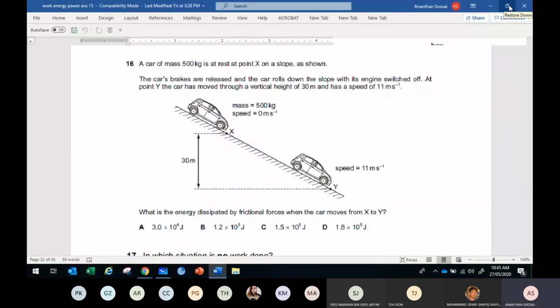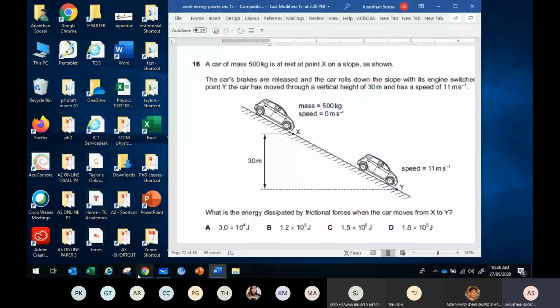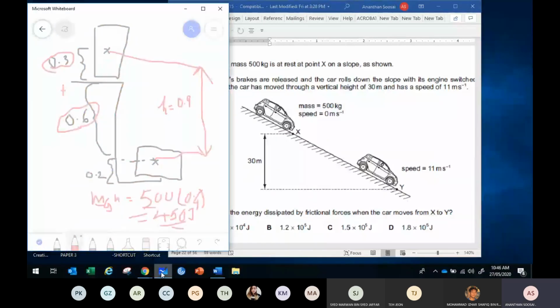Work done by the thrust is 0. Gain in potential is negative. So 2 of you are going for B. It looks like the majority is going for B. Out of 4 answers, I received 3 B. Is it B? Okay, let's check. Let me show the working. Is it B or C?